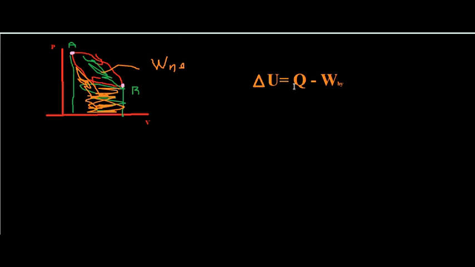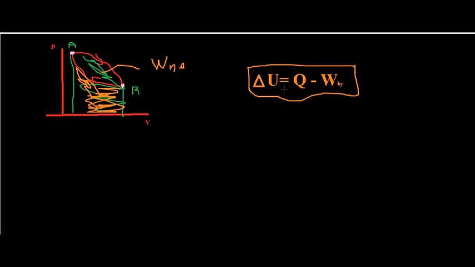So let's define the change in internal energy as the heat transferred to or taken away from the system, subtracted by the work done by the system. This is what we will define as the change in internal energy.